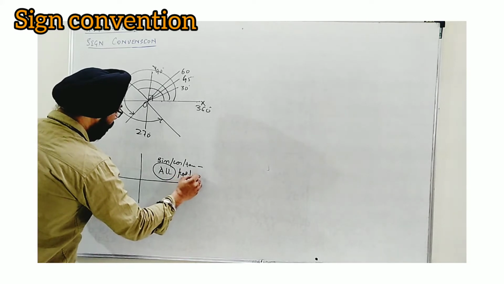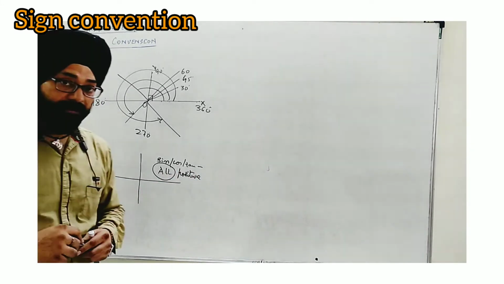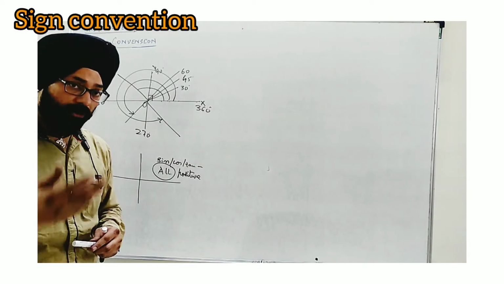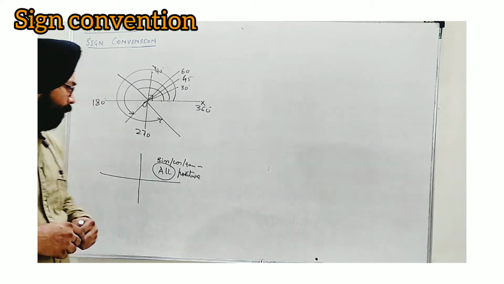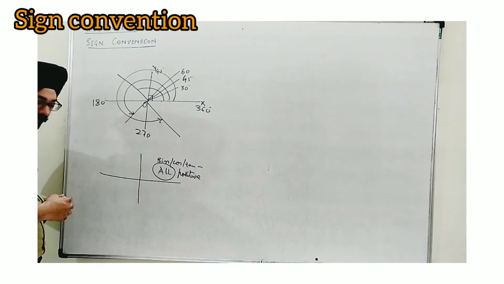That is why when we see the table in 10th standard from 0 to 90, for all the specific angles, all function values are positive. You can check it. So all are positive from 0 to 90, meaning in the first quadrant.